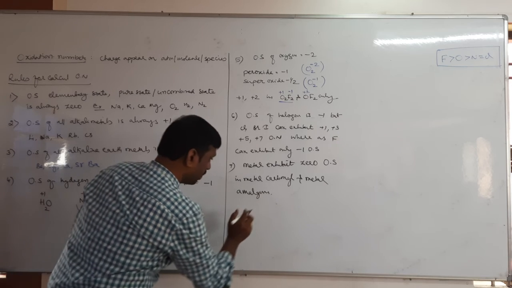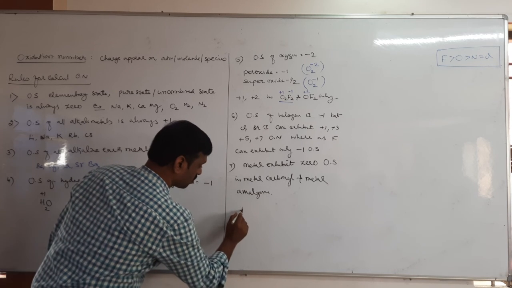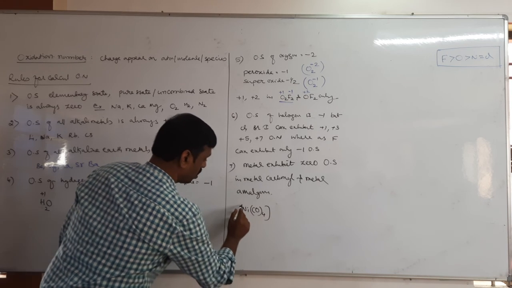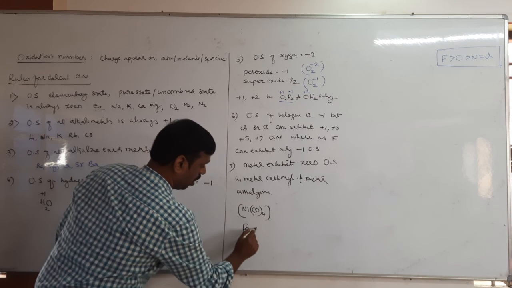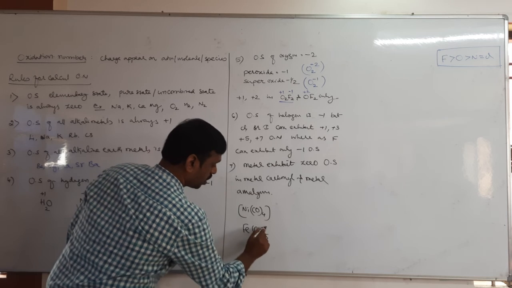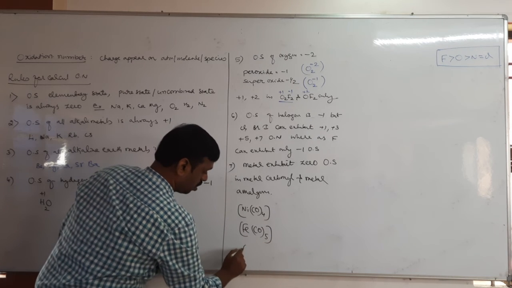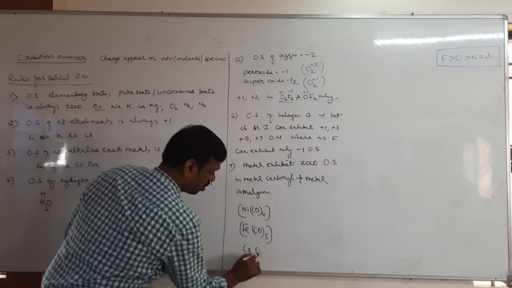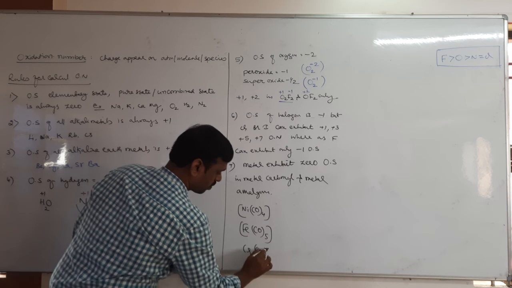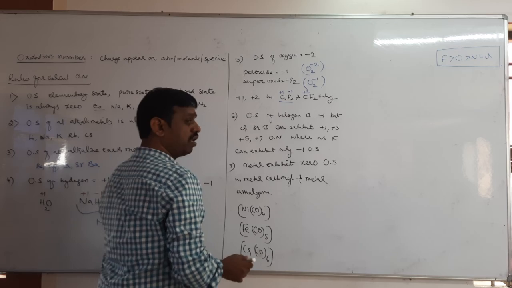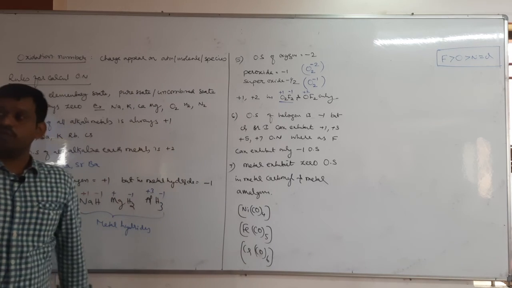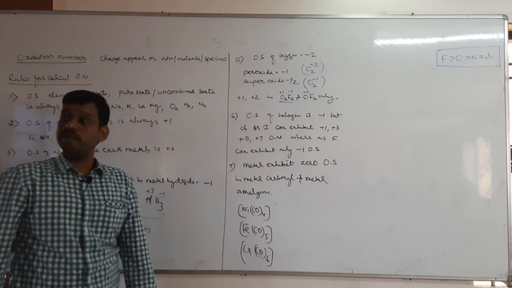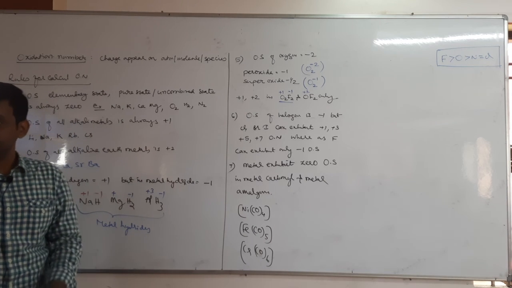Can you tell me some examples of metal carbonyl? Very good. Nickel tetracarbonyl, iron pentacarbonyl, chromium hexacarbonyl, and many more. What are metal carbonyls? They are complex compounds which contain metal and carbon monoxide, where carbon monoxide is a ligand.